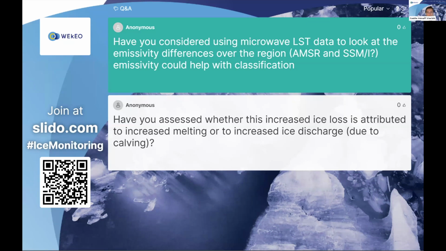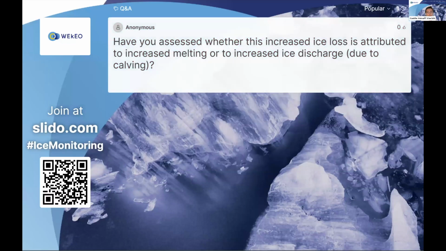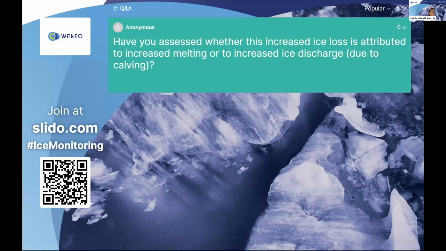Okay, thanks a lot. And the last question for now: have you assessed whether this increased ice loss is attributed to increased melting or to increased ice discharge due to calving? This is both, I want to say. For example, I showed a picture of the difference between a glacier in 2012 and 2022. This is a floating glacier, so there is a lot of calving, and part of this glacier's mass loss is due to calving.